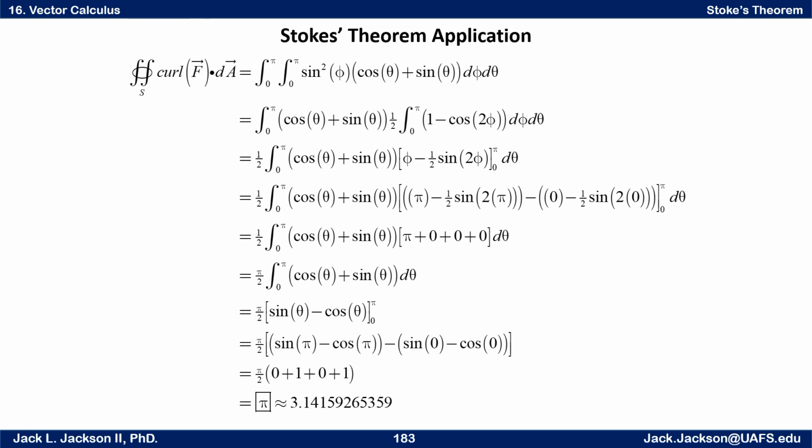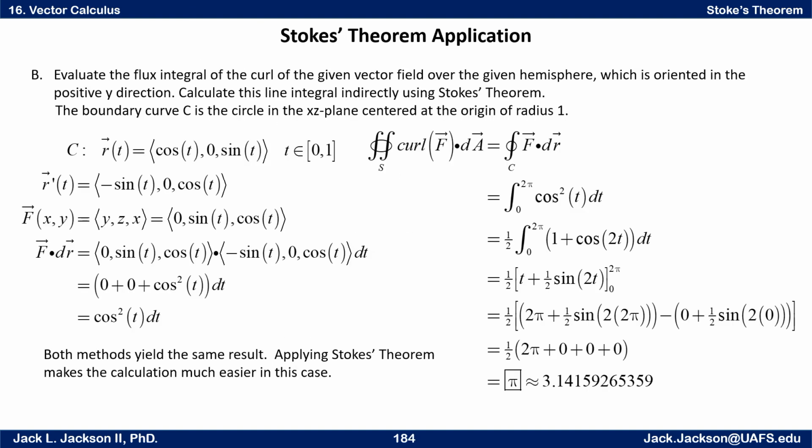Now we can use Stokes' theorem to do the integral as well. So notice that the curve is oriented the right way. The vector field is defined everywhere there. Both the curl and the original vector field are defined everywhere there. So we can do it by just turning this into a line integral around the boundary.